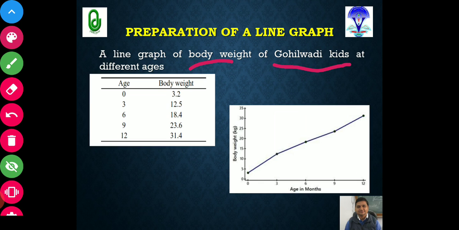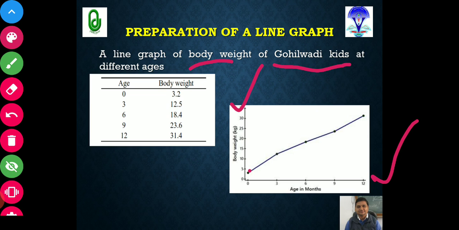So what we will do here is, on the x axis or horizontal axis you can see the age in months, and on the y axis or vertical axis we have put body weight in kg. Now first of all we have to enter the data points. At 0, that means birth weight, it is 3.2, so I have entered the 3.2 kg data point.